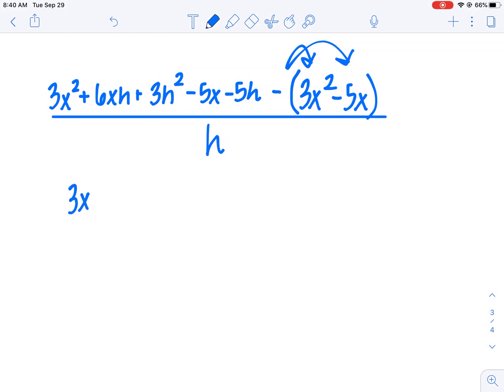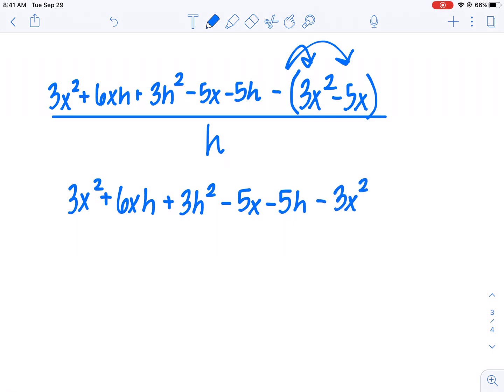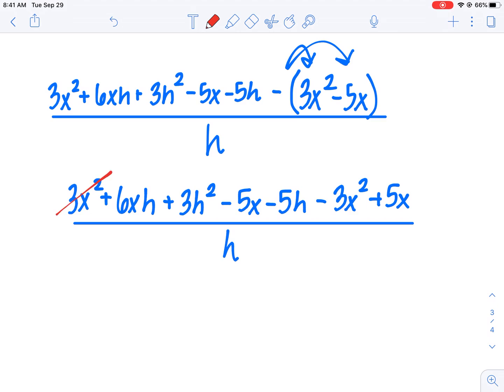I'm going to get 3x squared plus 6xh plus 3h squared minus 5x minus 5h minus 3x squared plus 5x all over h. Some stuff is going to cancel. That's going to be great. I have a 3x squared and a negative 3x squared.